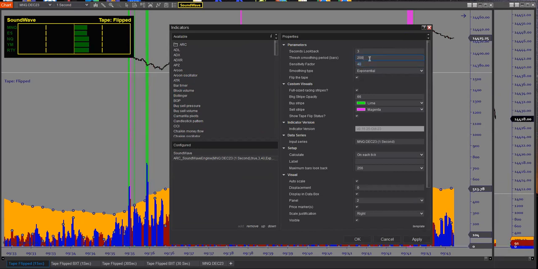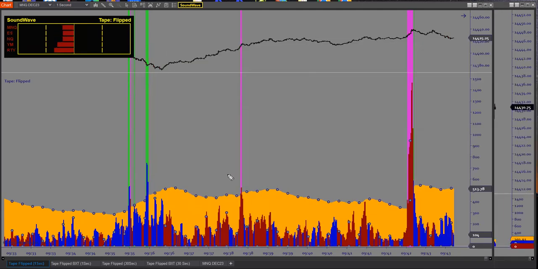But if I want to make it looser, and you look at the last 200 bars, there were several spikes in here that are not being picked up, like this spike here, or this spike here, or even some of these spikes in here.